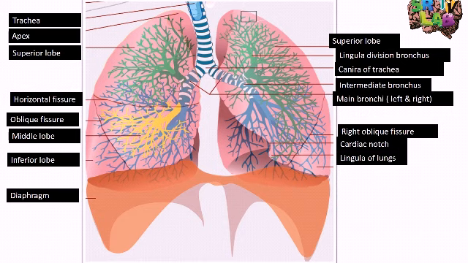Here we see the lingula of the lung. Actually, this lingula is like the little tongue of the left lung. It is the projection of the superior lobe of the left lung. You see, it is called the lingula of the lung. Below we see the inferior lobe of the left lung.